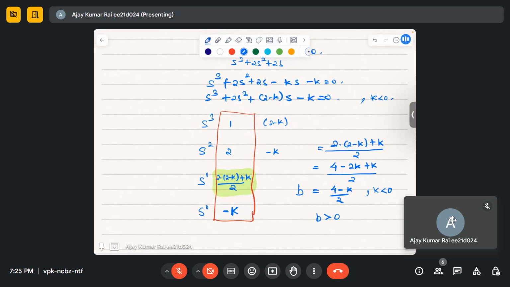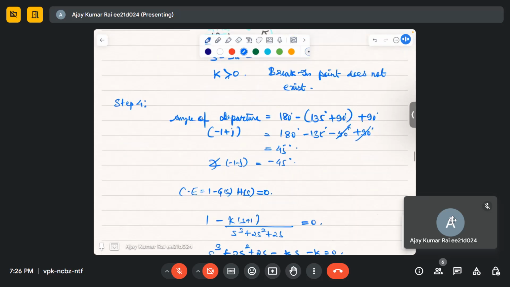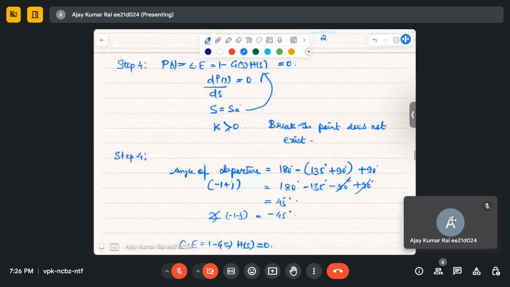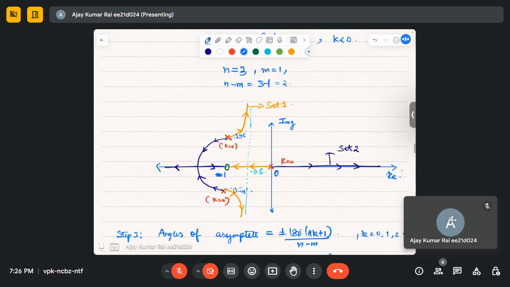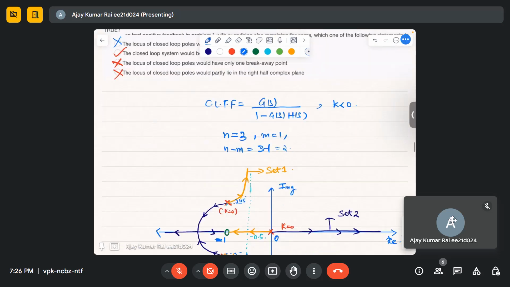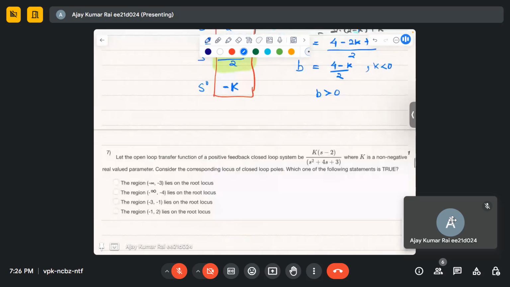And for the b coefficient also, 4 minus a negative number. Like k can be minus 3, so 4 minus of minus 3 will be positive, divided by 2. That's why I'm saying this column will be positive always. So from the Routh stability criterion also we have confirmed that for this particular case, set 1, the system is stable. I hope there is no doubt. Okay, I have to finish quickly.